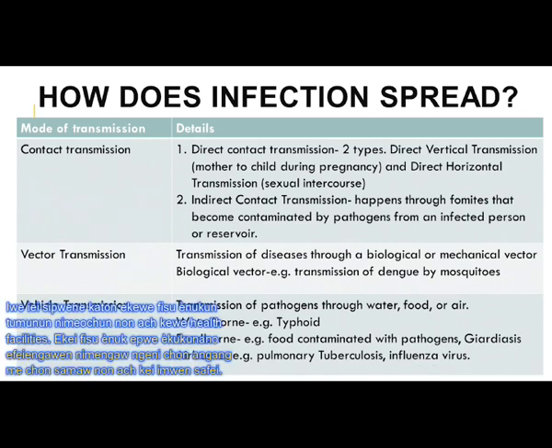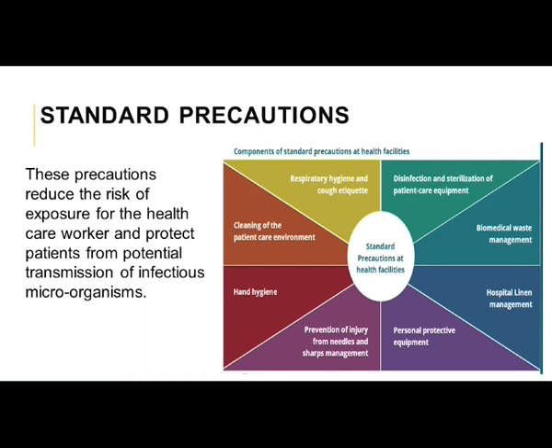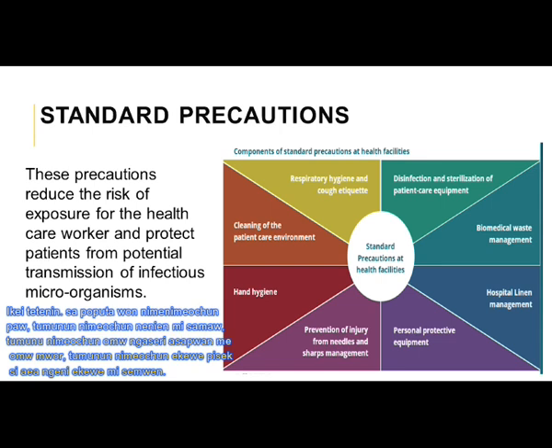So now let us look at the standard precautions. There are actually 7 of them, or around about 7, but we'll cover all of them. These precautions reduce the risk of exposure for the healthcare worker and protect patients from potential transmission of infectious microorganisms. Here's the list.